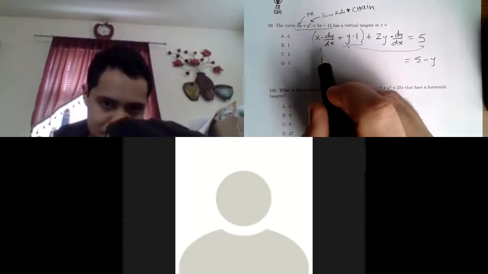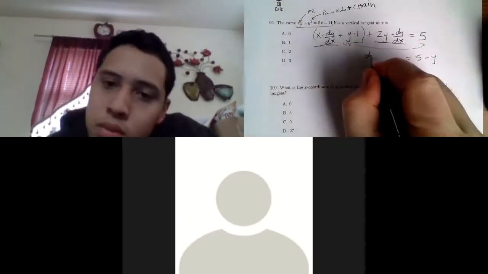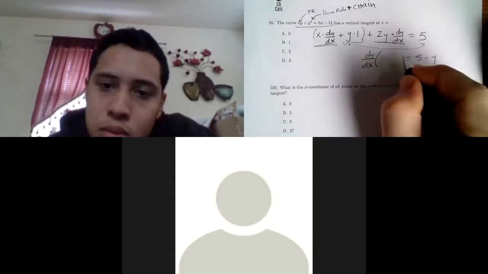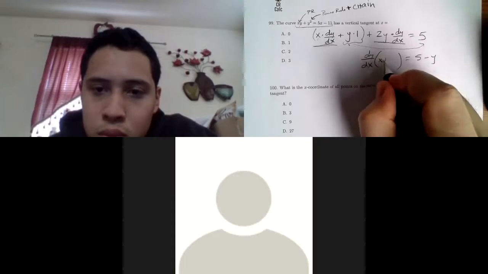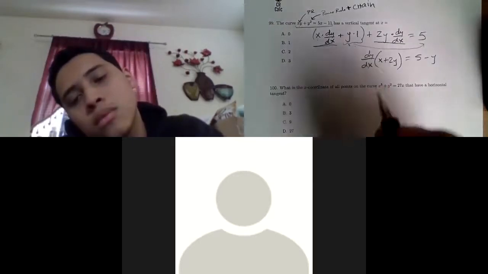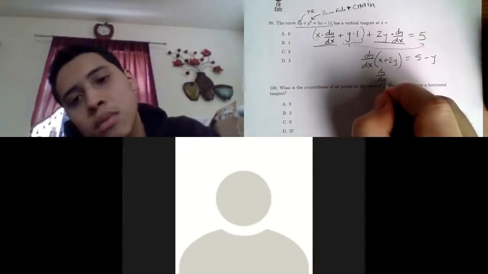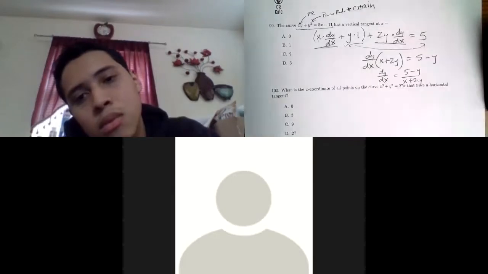Then I'm going to recognize the terms that do have dy over dx in them, and factor dy over dx out of those terms. So here this would leave an x, here it would leave plus 2y. Now, that means dy over dx is 5 minus y over x plus 2y by dividing.